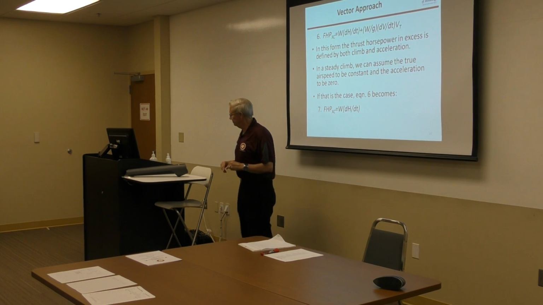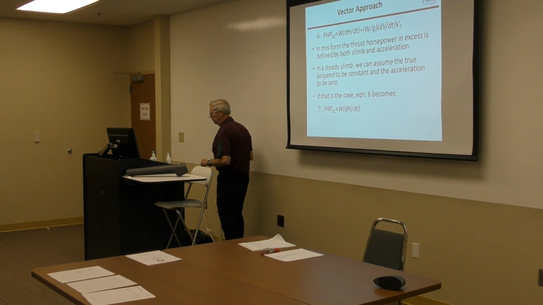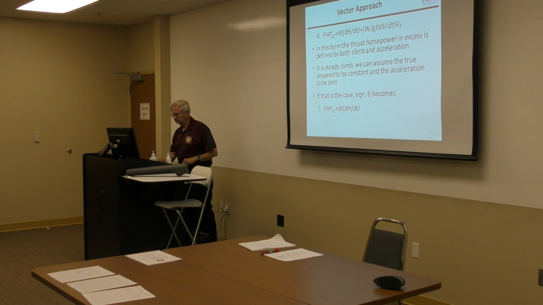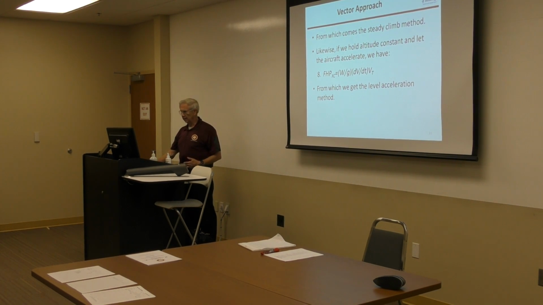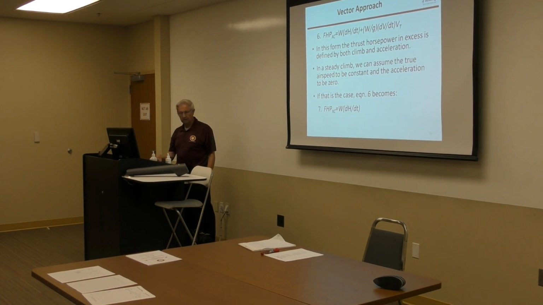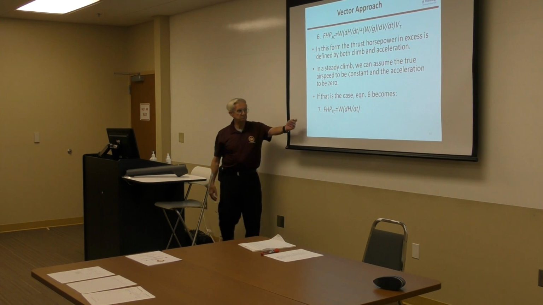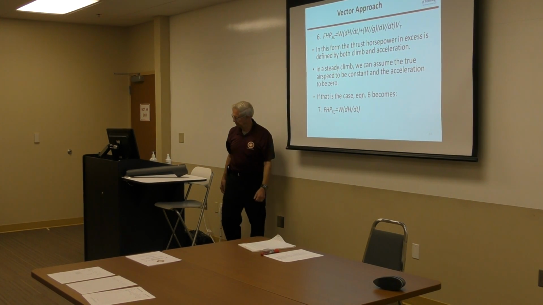So we can transfer back and forth, which is what I've done on both of those slides. From this one comes the level acceleration method. From this one comes the steady climb method.